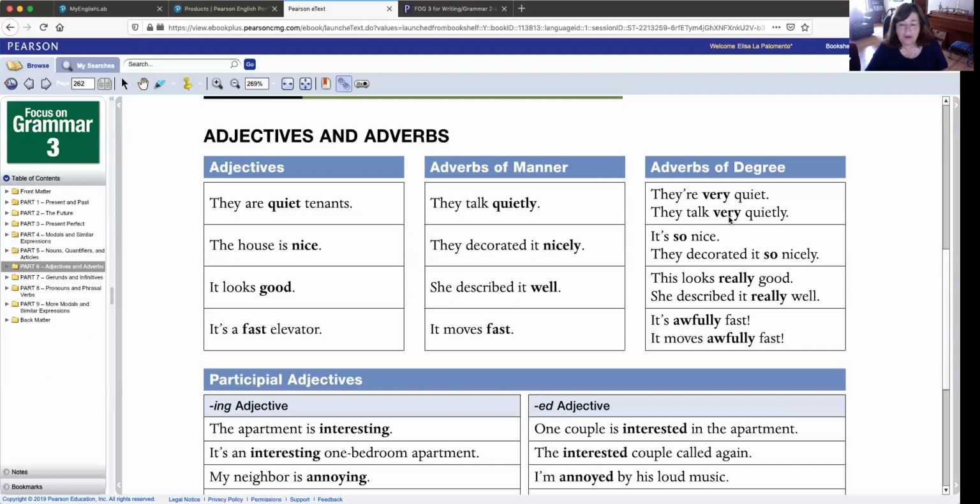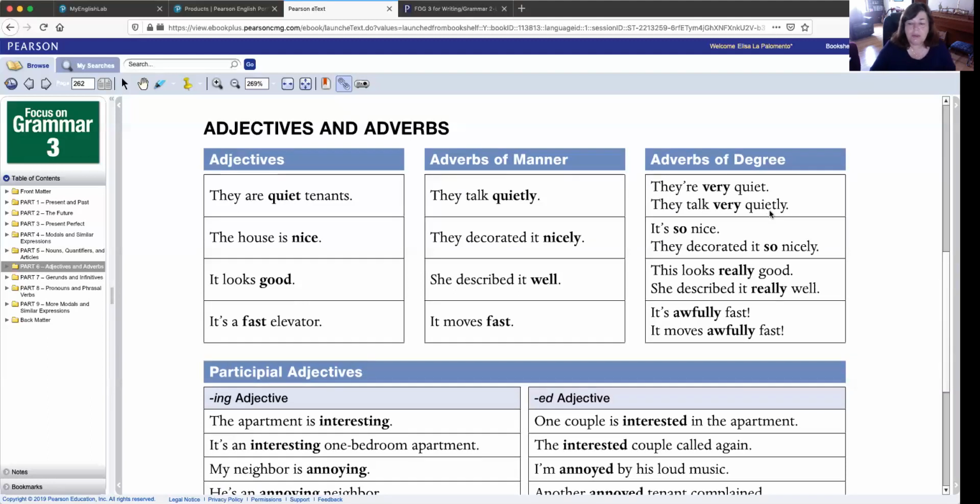They talk very quietly. So in this case, we have an adverb of degree. We have an adverb that is describing another adverb. And with adverbs, that can happen. An adverb can describe a verb. It describes another adjective or describes another adverb. We'll talk a little bit more about that later because I know that can be confusing.